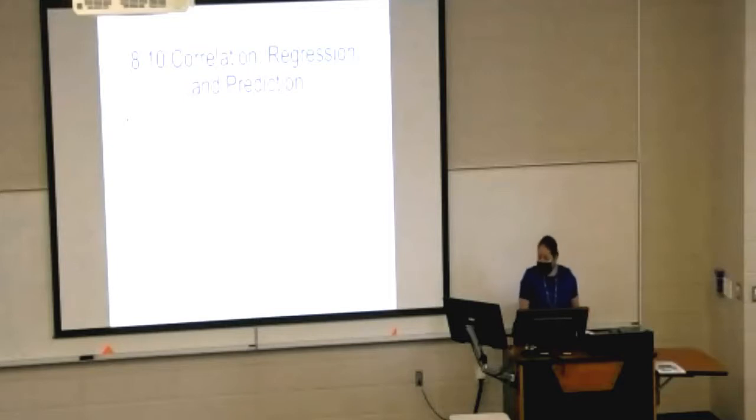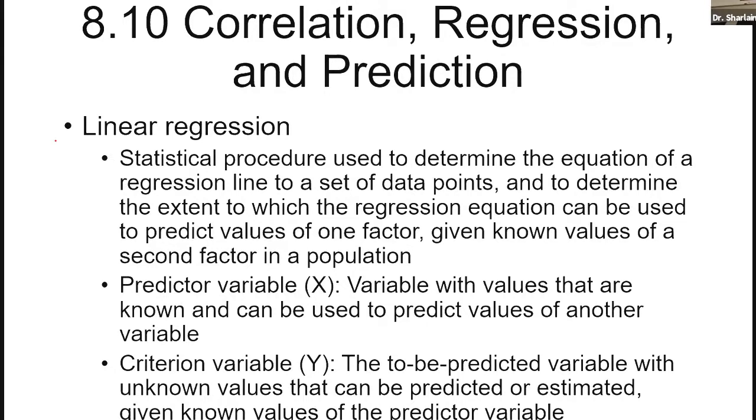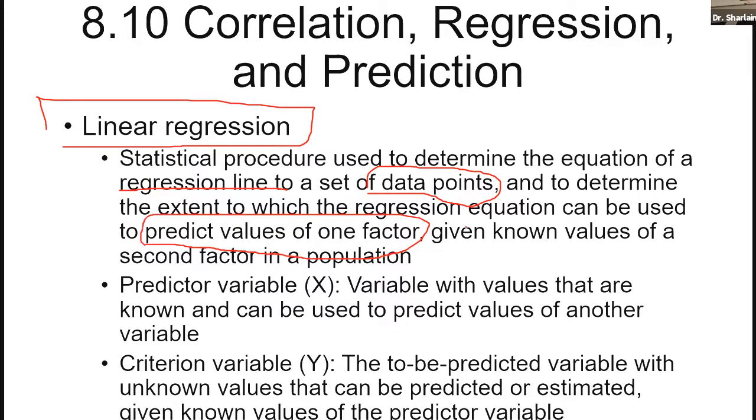Now, as I noted previously, we talked about linear regression. What do I mean by a linear regression? What I mean is that we have this regression line, specifically pertaining to specific data points, and we're trying to determine whether we can predict the values of one factor because we already know the value of the second factor.